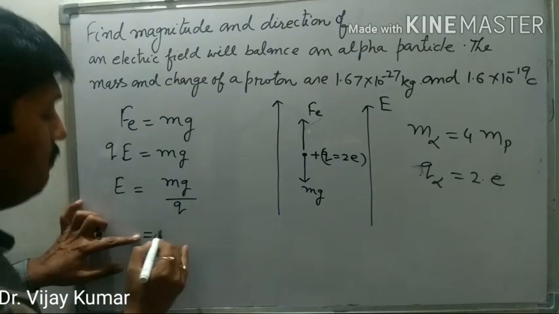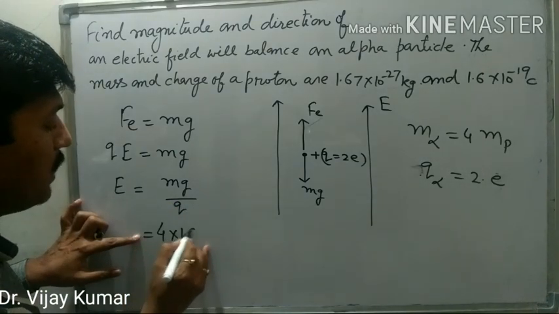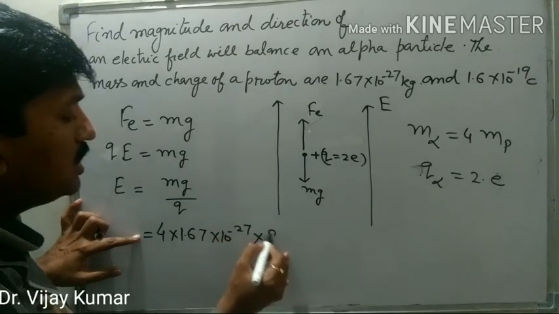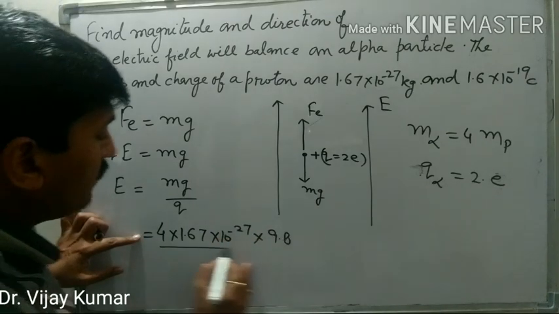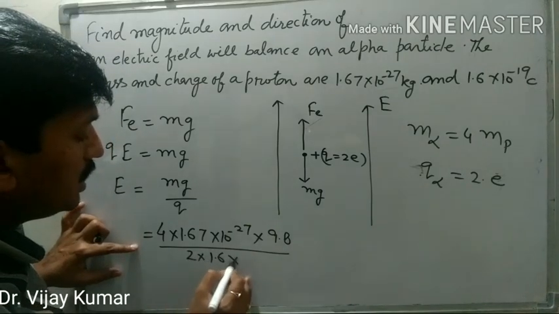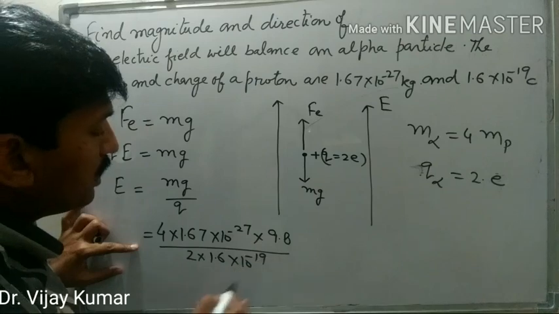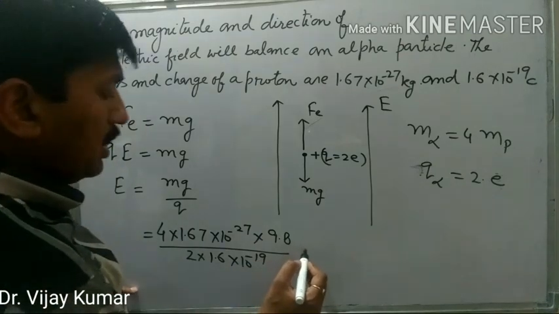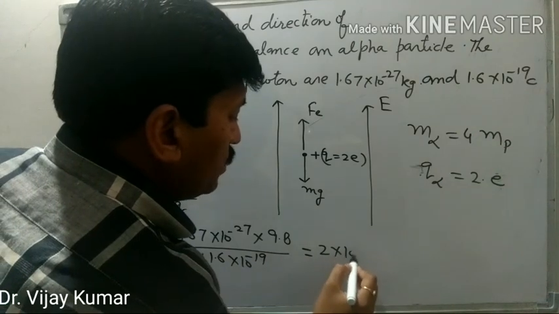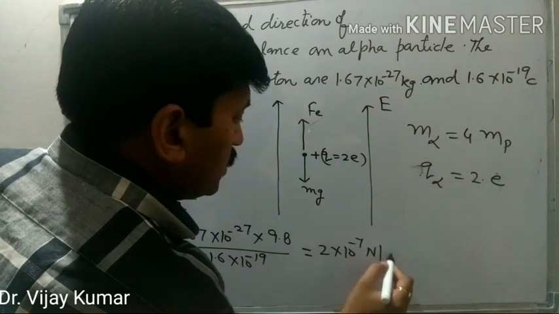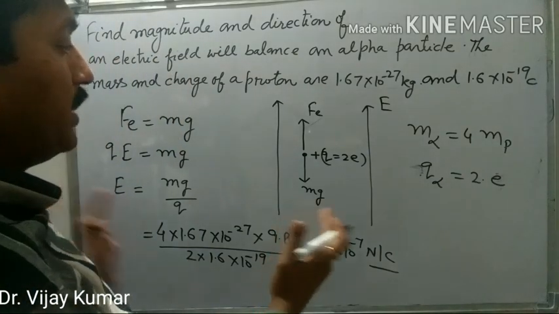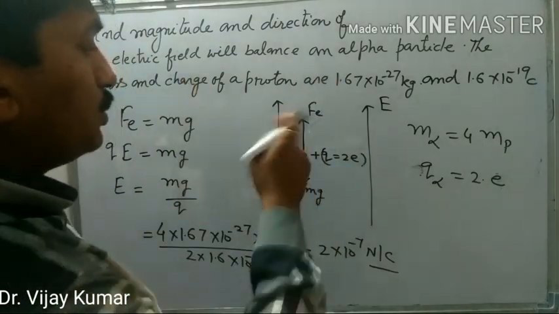And m becomes 4 into 1.67 into 10 to the power minus 27, g is 9.8, and Q is twice of proton, 1.6 into 10 to the power minus 19 coulomb, and the answer becomes 2 into 10 to the power minus 7 Newton per coulomb. This is the value of electric field, and direction of electric field is opposite to the weight.